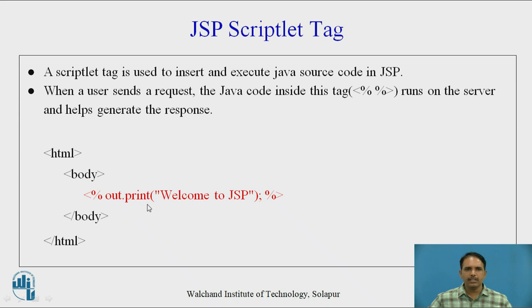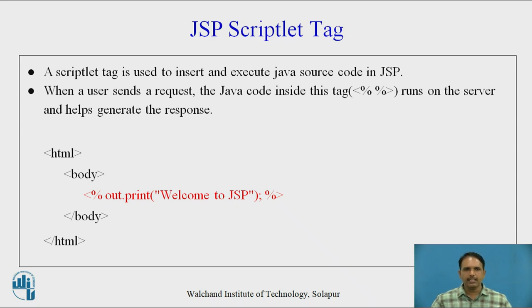So this particular scriptlet tag is helping us to add Java source code. So here no need to think on some of the objects like out, request and response, because these set of objects are default available to us for use them appropriately.